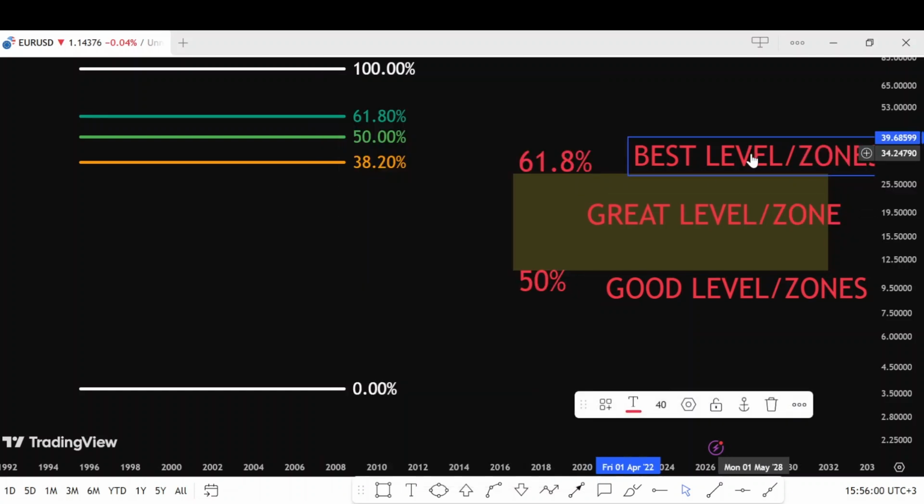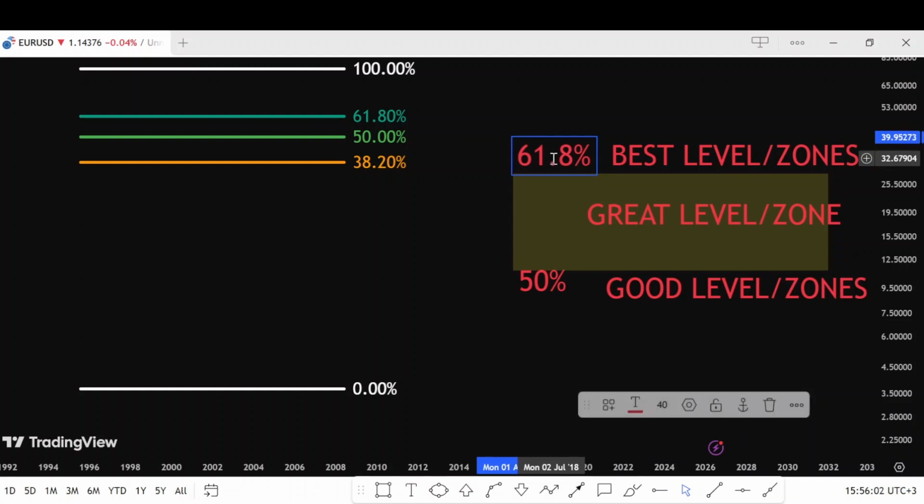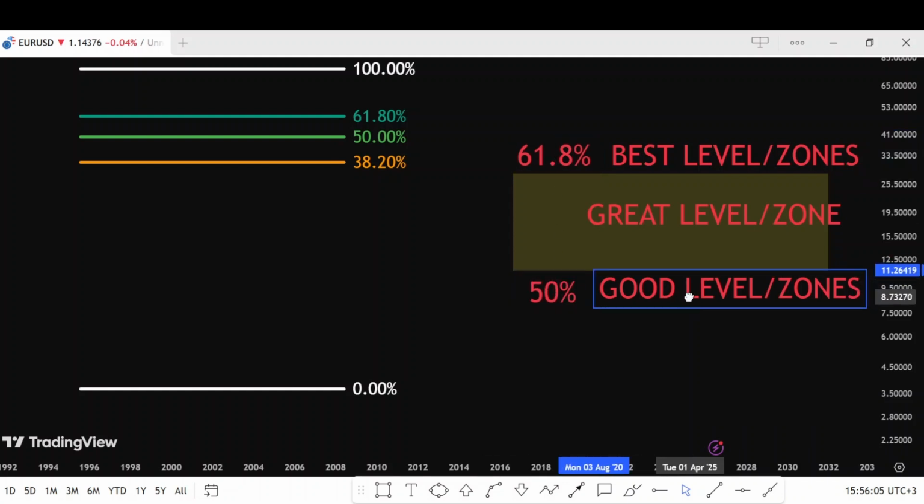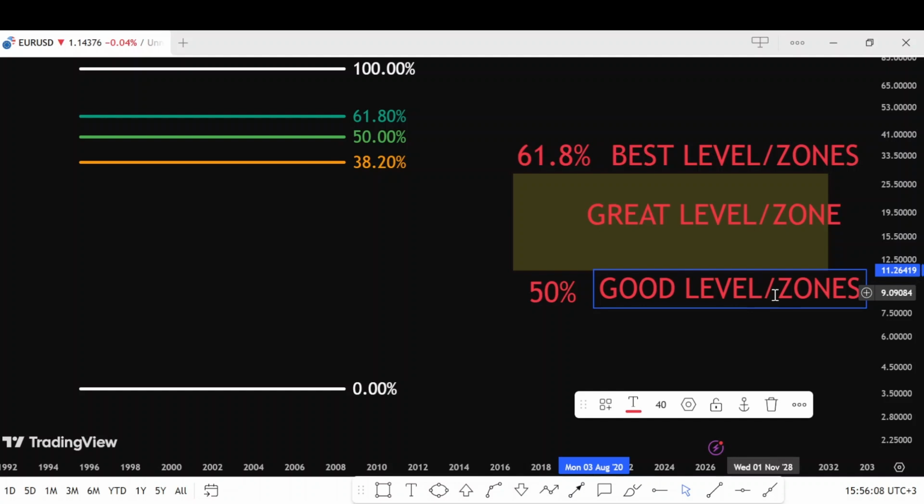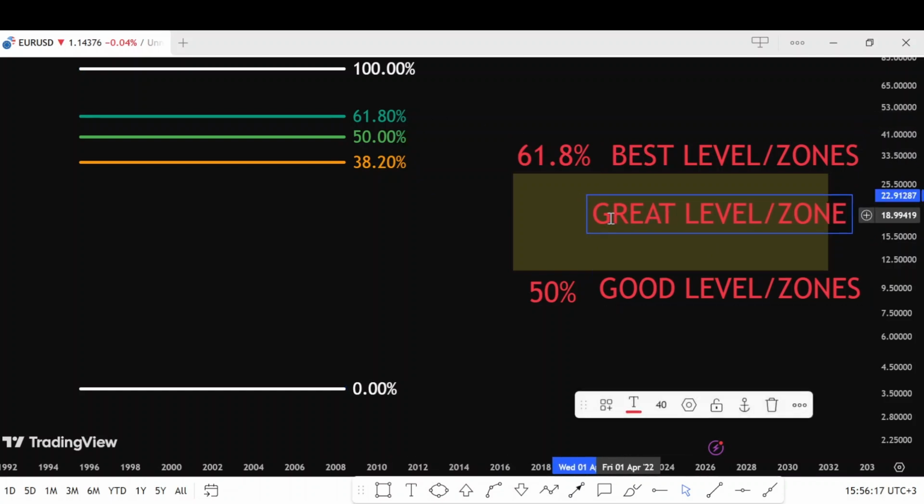These are the levels that make up the Fibonacci retracement tool. So we have the good level or the good area. We have the great area, that is the level between the 50 and 61. We call it the great area.